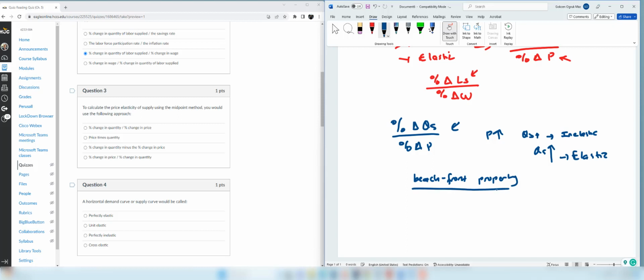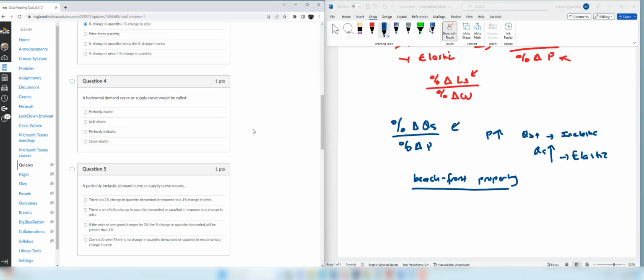Therefore, beachfront property has an inelastic supply. I hope it's clear. If suppliers can ramp up production and increase the quantity, then this good is probably price elastic. But if there are limitations for the suppliers to increase the quantity, then we're talking about an inelastic product. So therefore here the right answer is change in quantity divided by change in price.